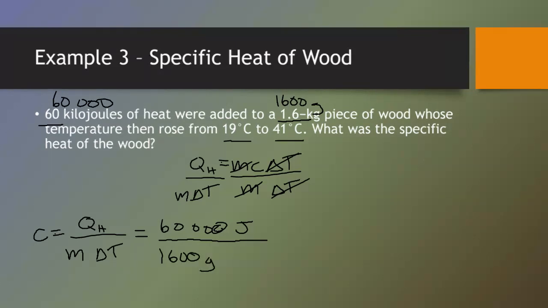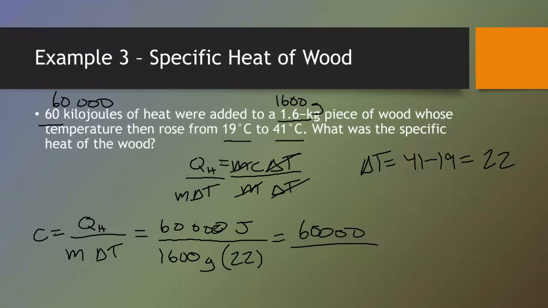And the change in temperature, 41 minus 19, is 22. And so that's 60,000 divided by 1,600 times 22. So you can write that part down. 35,200.